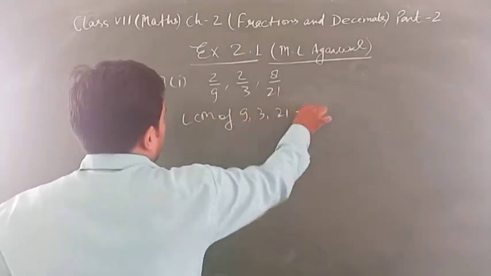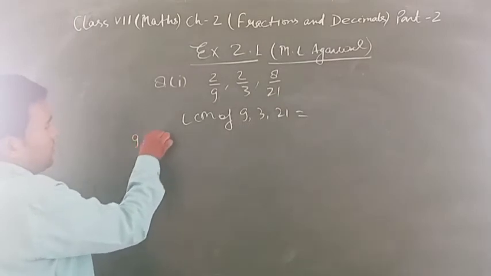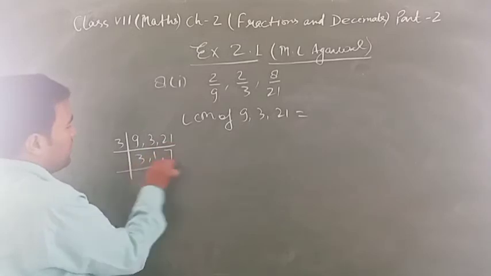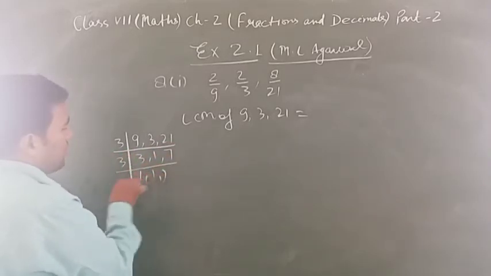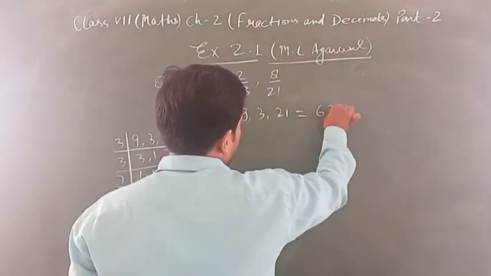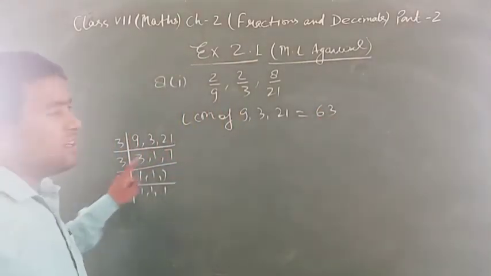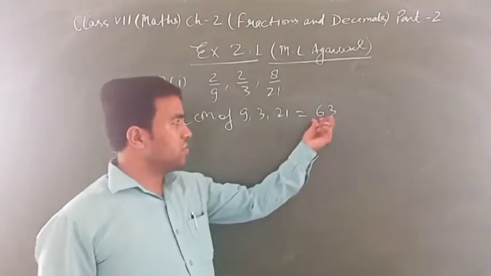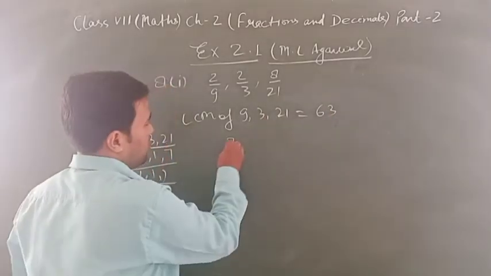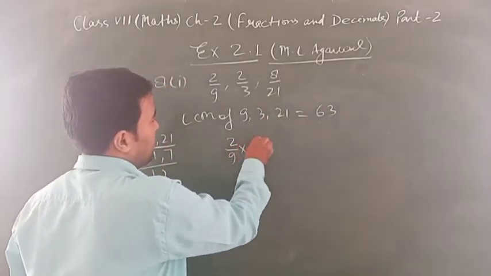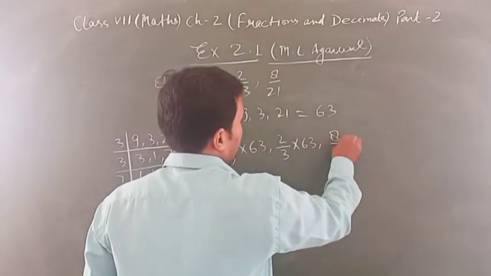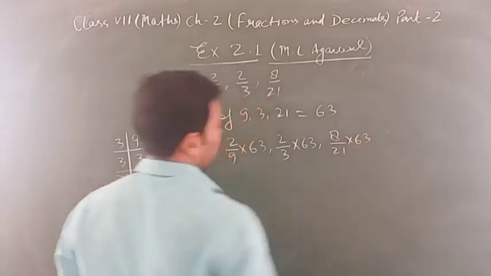9: 3 threes are 9, 3 ones are 3, 1 7. So the LCM is 63. 3 threes are 9, 7 nines are 63. Clear? From 63 you will multiply each fraction. 2 by 9 into 63, 2 by 3 into 63, 8 by 21 into 63.